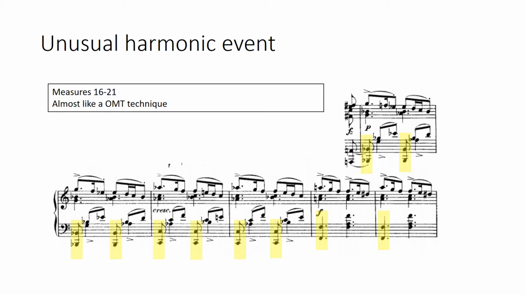So one unusual harmonic event in the sonata is in measures 16 through 21 in the transition.